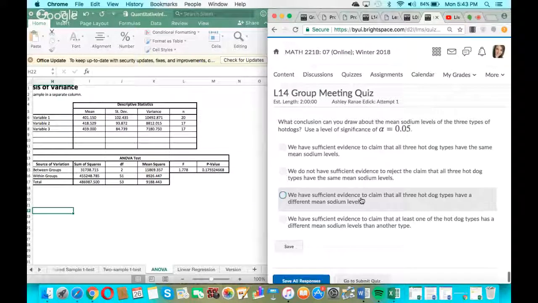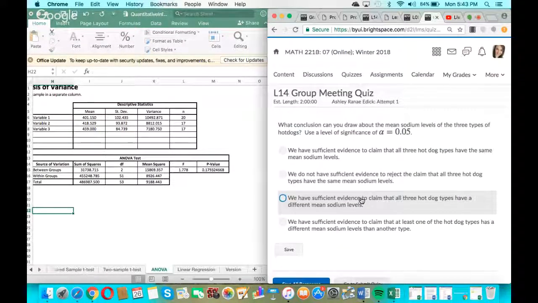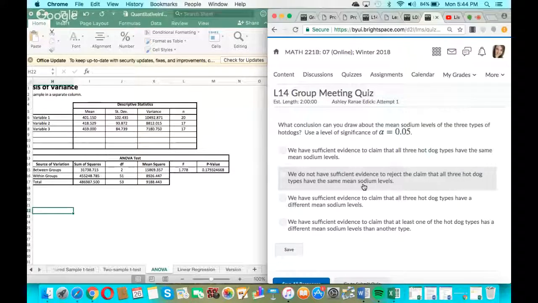What conclusion can you draw about the mean sodium levels of the 3 types of hot dogs? Use level of significance 0.05. We don't have sufficient evidence, right? Because it's bigger. Right. So we don't have sufficient evidence.